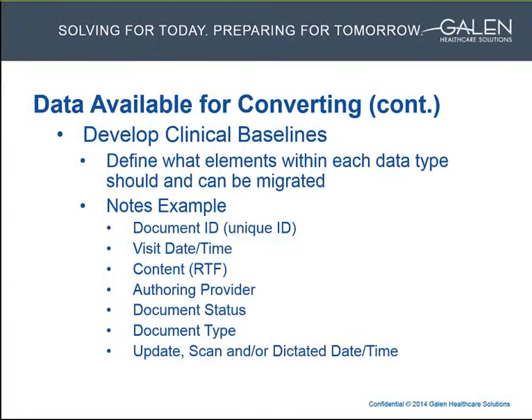Now this is just an example, and what I mean by should and can be migrated: you may decide that some of these are not worthy of being migrated. You may want to include more. And then the second part of can is, can that target EHR that you're migrating to accept the data in that form?